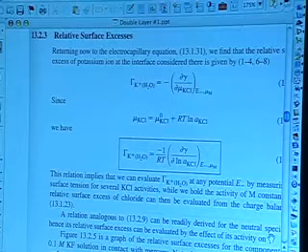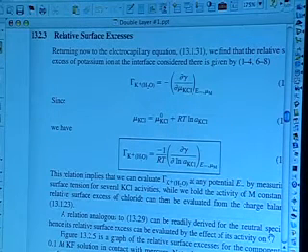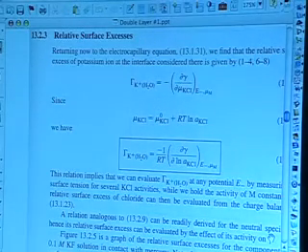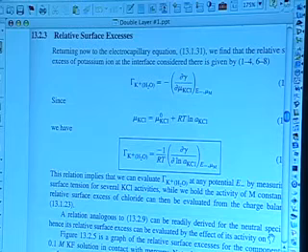But we could hold the electric potential constant and change the concentration of a species in solution and then use the same equation to measure how the surface excess changes in response to the change in concentration, because I can still measure my surface tension, right?